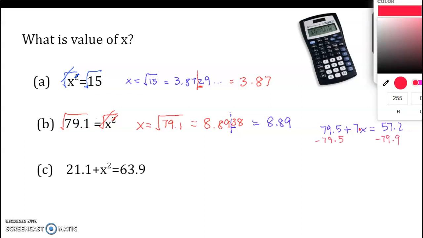So it's the same thing, but instead it is being squared. If you look at the order of operations, should I be adding 21.1 plus x first, or should I be doing the exponents first? Remember JAMDAS?